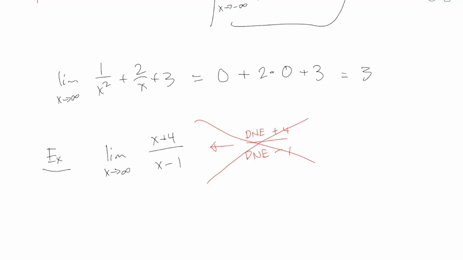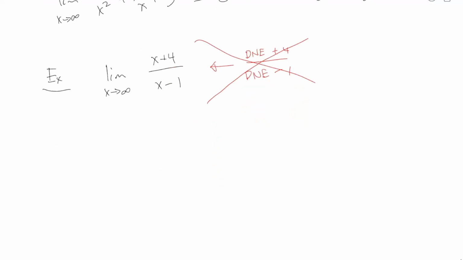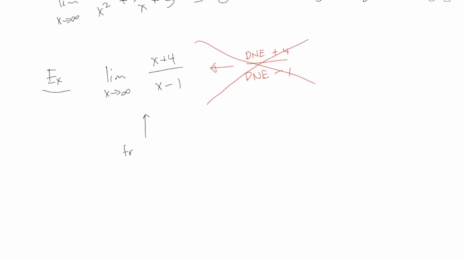So when you see this kind of stuff, it means you need to think differently about what you started with. And there is a trick in this case. The trick here is to divide everything on the top and the bottom of the fraction by x. The idea is to change it so that all the x's are in little denominators.